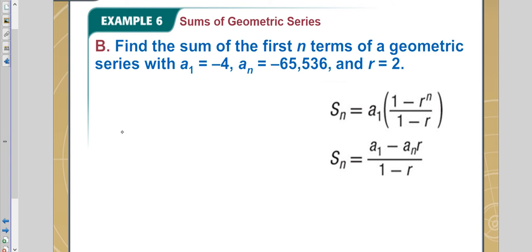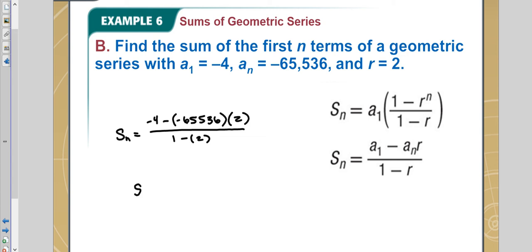So we'll say find the sum of the first n terms given a sub 1 is negative 4, minus a sub n, which we know is negative 65,536, times the rate of 2. All this is over 1 minus our r of 2. Now I have all the information I need.